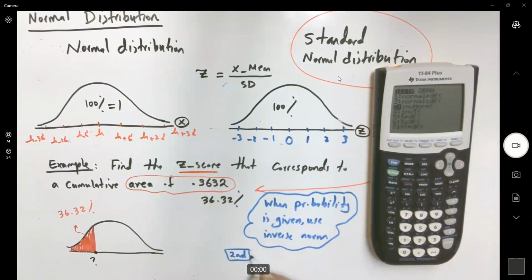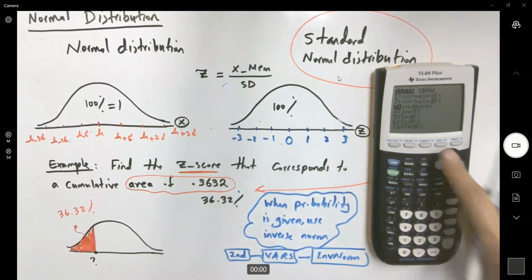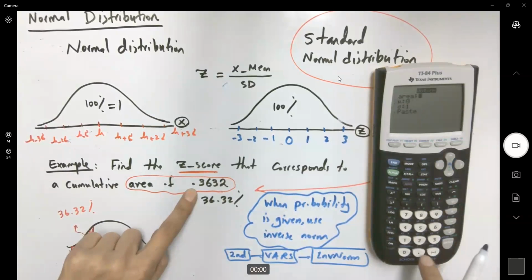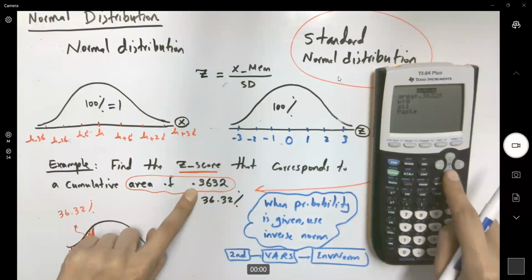Second, Morse, find inverse norm. Second, Morse inverse norm. Let us click. What's the area? Area is 0.3632. What is the mean?